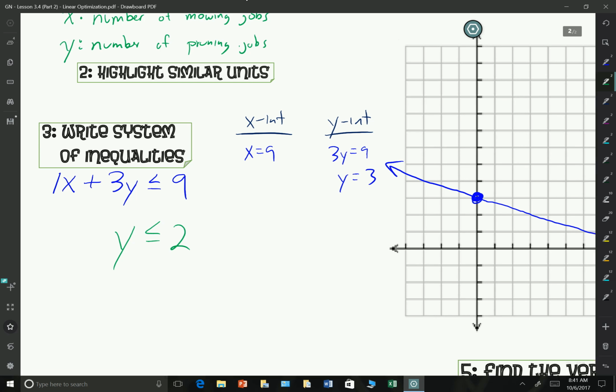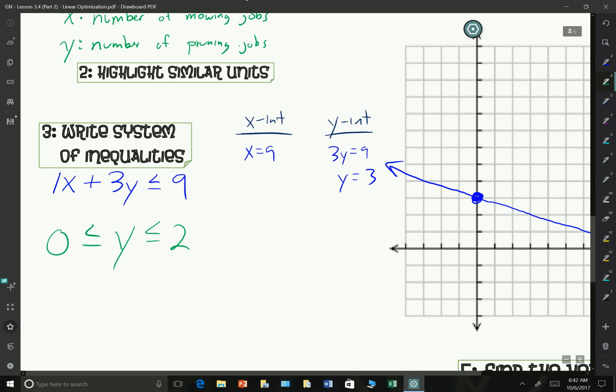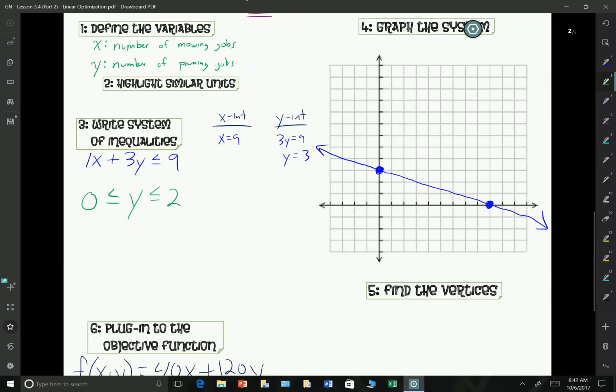What else could they do? 1. What else could they do? They can't do negative jobs. So right now I'm saying, hey, less than 2. But I have to stop it at what number? 0. So 0 is less than or equal to y, which is less than or equal to 2. Compound inequality. Makes sense? So then that's a horizontal line at 0. We're going to stop it from going in the negatives. Horizontal line at 2. And our solution space is between those lines, correct?